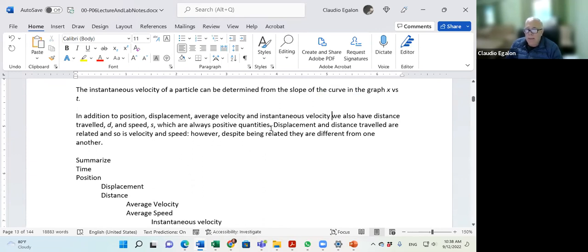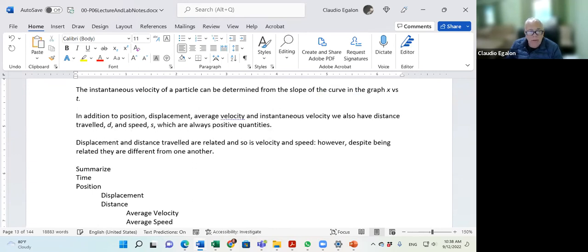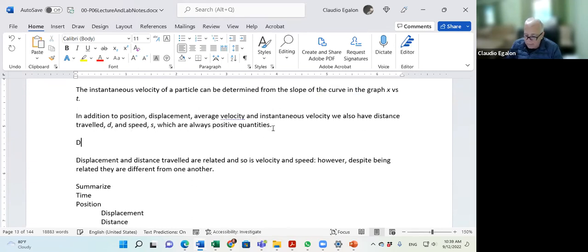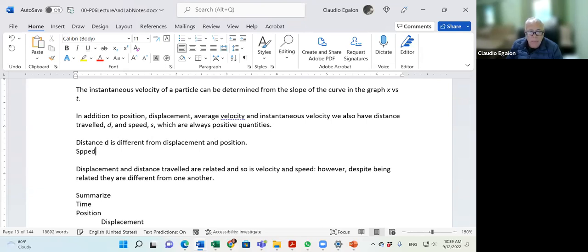Make a note that distance d is different from displacement and position. Speed s as well is different from average velocity and instantaneous velocity.